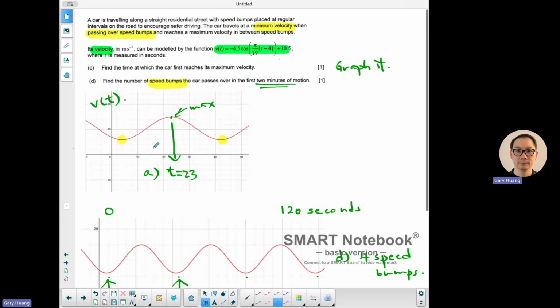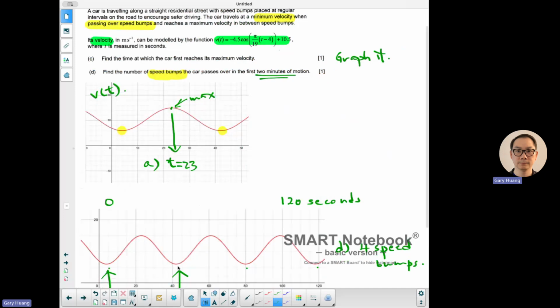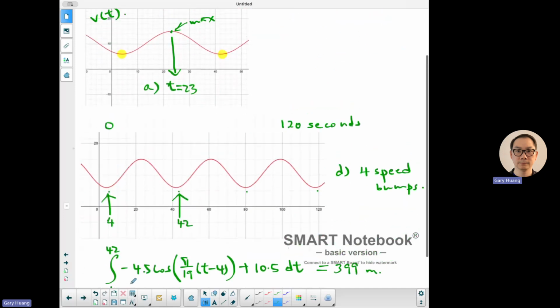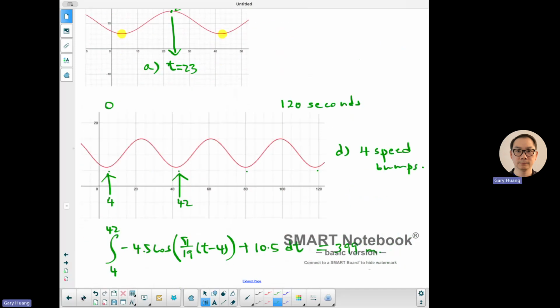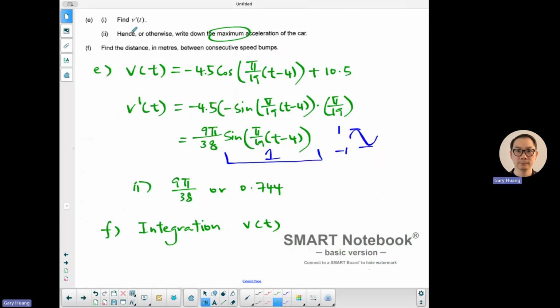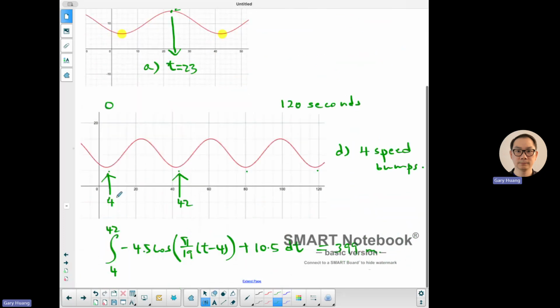You want to find the minimum. And when that happens, right, understanding the periods using the graphing calculator here, we'll be able to find the answers. And then you're asked to find the derivative, acceleration here, understanding a sine maximum is going to be 1. And then lastly, integration for a distance between 2 points, and you just integrate between 4 and 42.